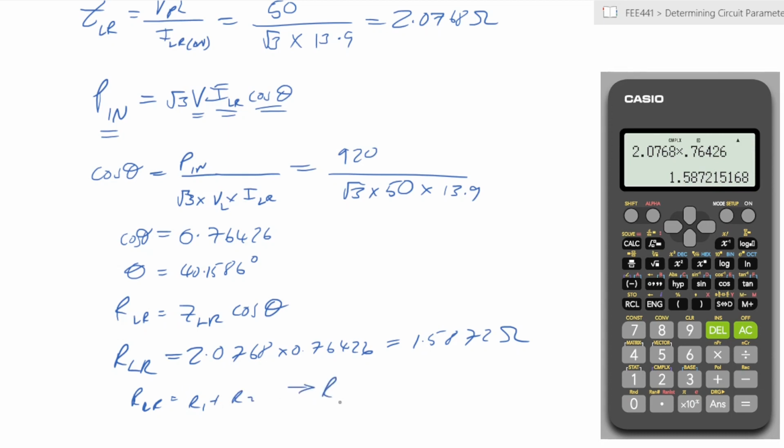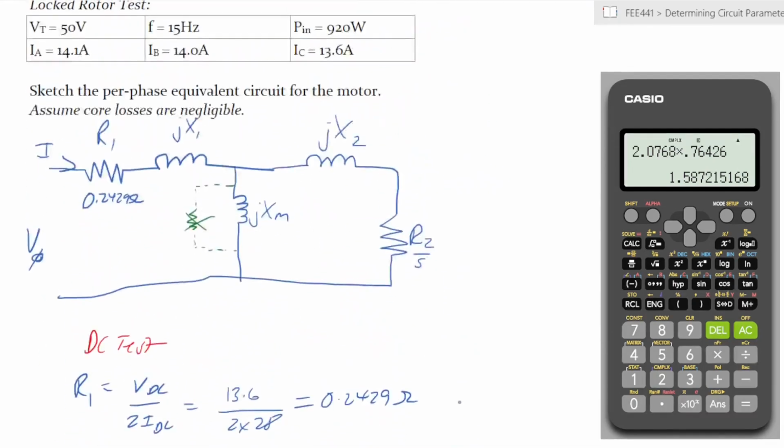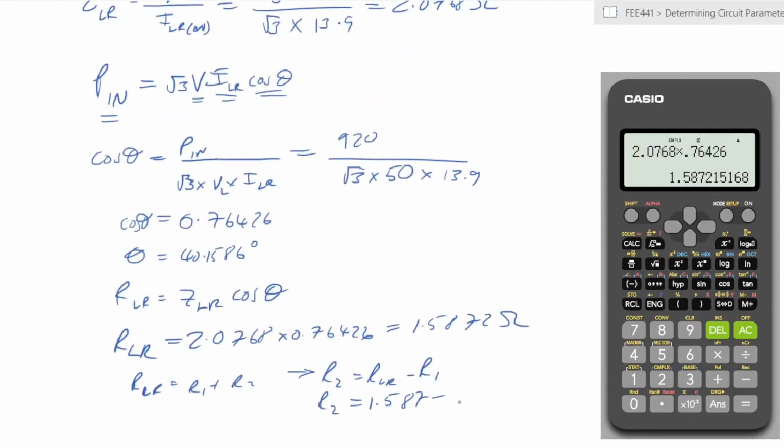So this means that R2 is RLR minus R1, which is 1.587 minus R1, which was 0.2429. So this is 1.344.